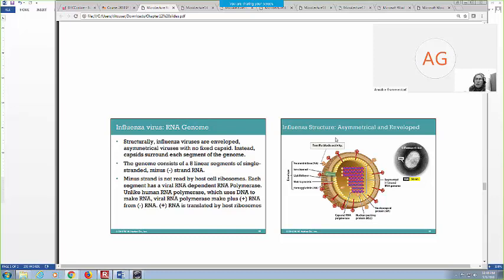But this is a very rare event. You really have to be working with these animals in close contact with them to be exposed to such a rare virus. Either birds or pigs can be a source of this pandemic flu.